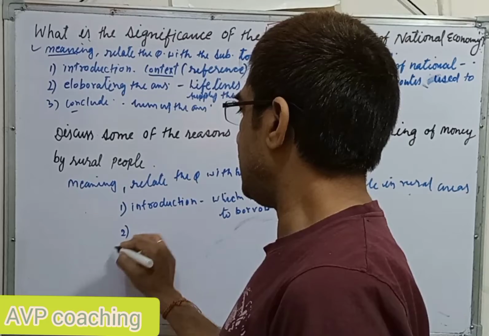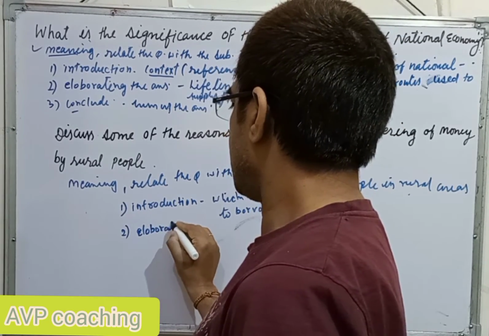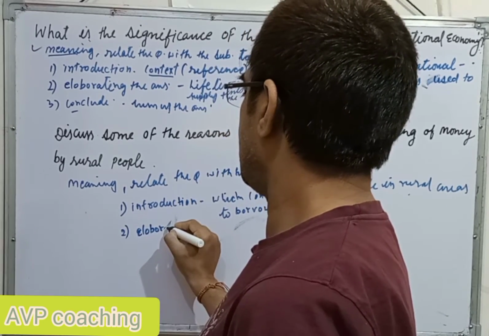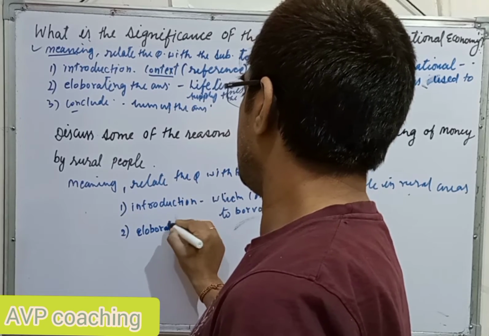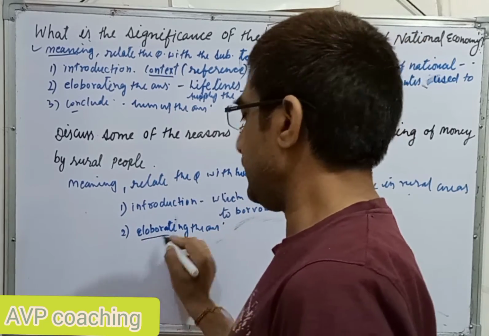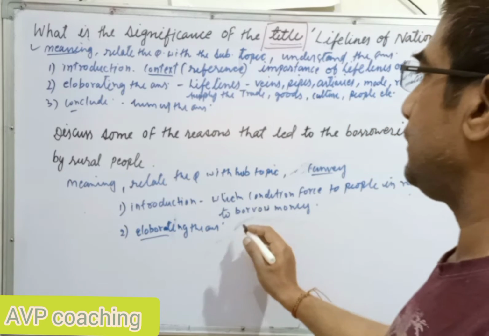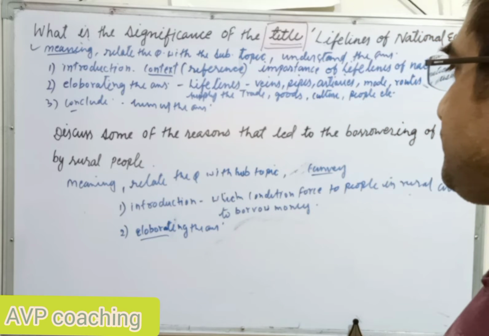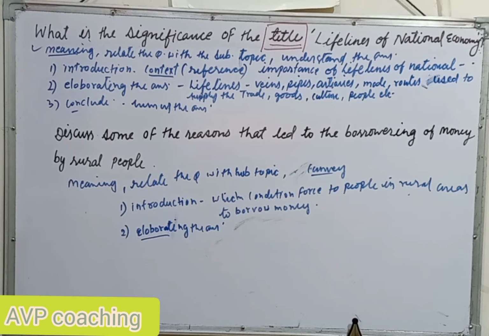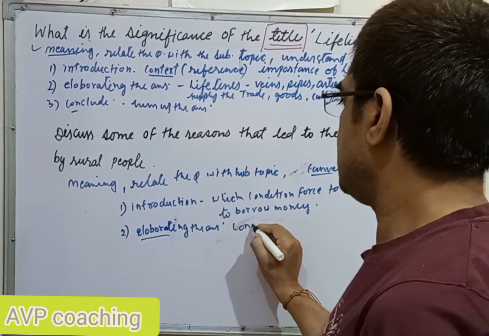Second part of the answer is elaborate. Elaborating the answer means you are telling the answer in a very clear form. So here you will tell about the answer, which conditions forced the people in the rural areas to borrow the money. Means you have to tell here about the conditions.